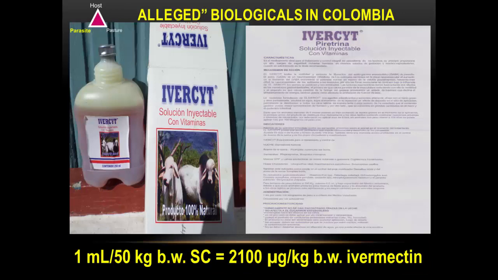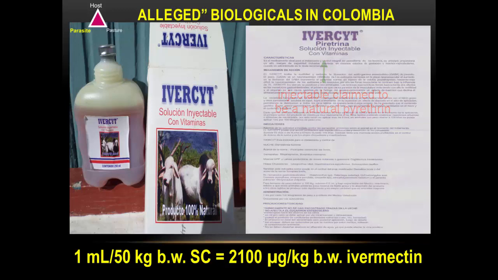This other slide shows another one, which is sold in the black market and can be found in almost every farm around the country. It's an injectable formulation that claims to be a natural pyrethrin against both endo and ecto parasites.